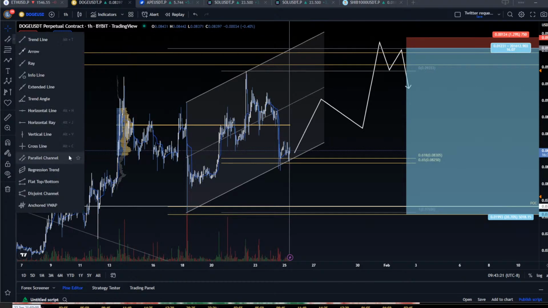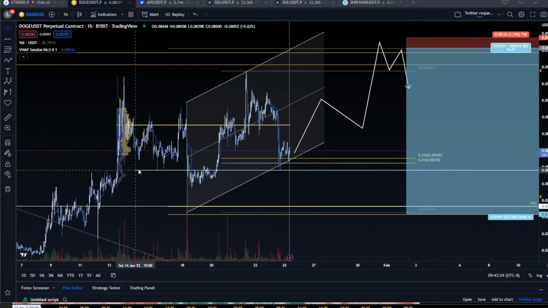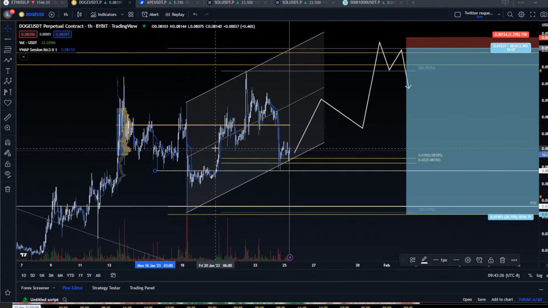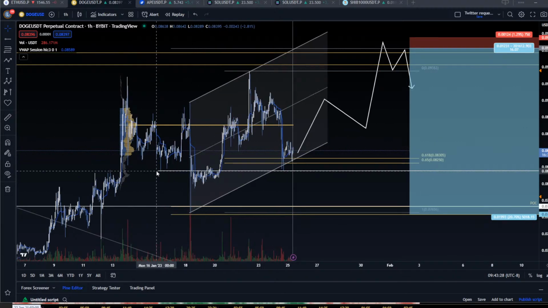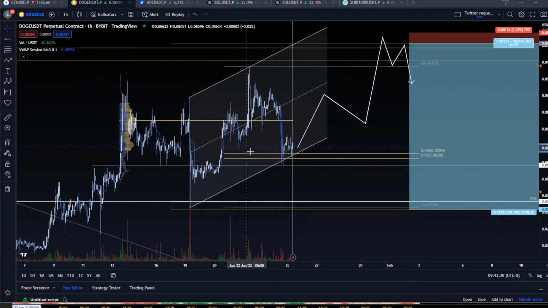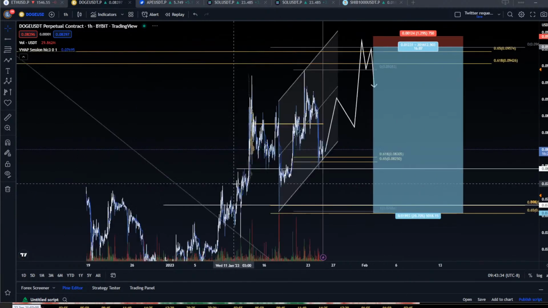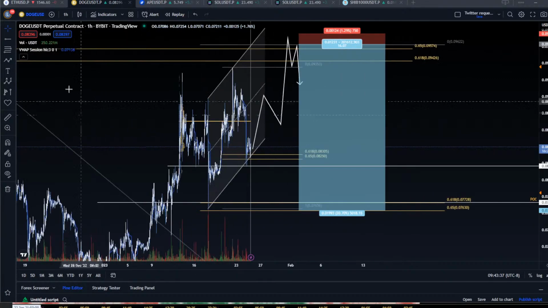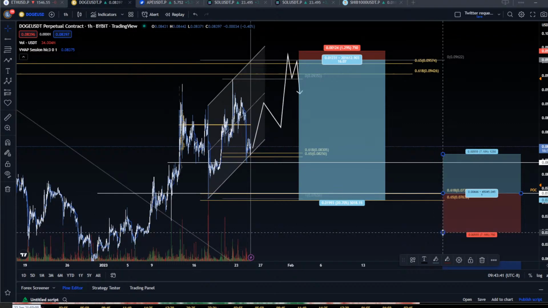Given this, it could be considered a swing failure and a backtest of this horizontal. It's not surprising we're getting some kind of reaction there, but I think ideas like this would be the most clear.